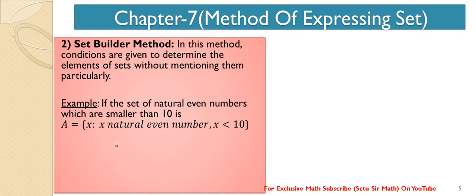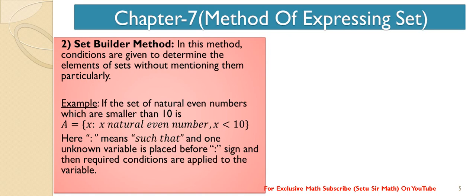That means all the numbers will be even but less than 10, not more than 10. As I am telling, this sign means such that, and one unknown variable is placed before this sign, and then the required conditions are applied to the variable.